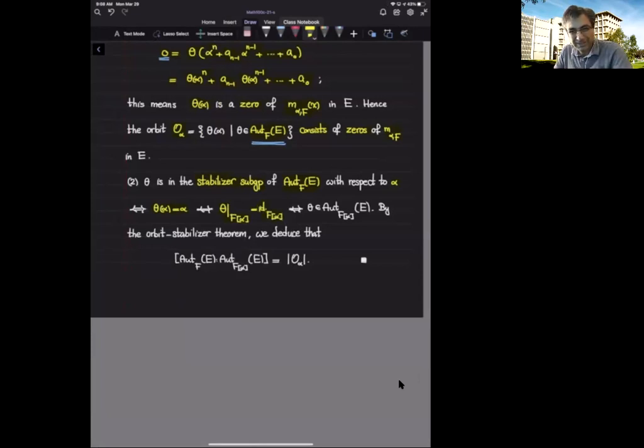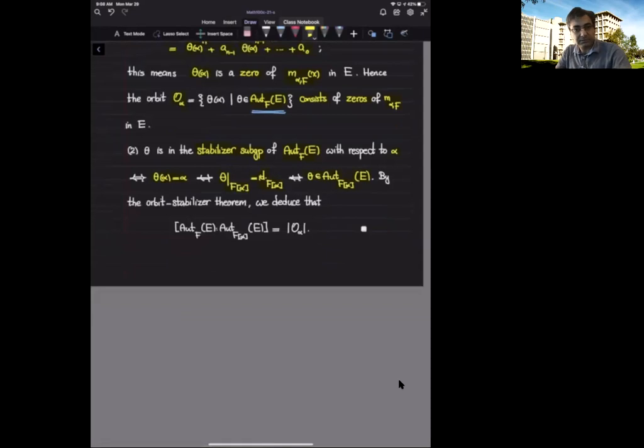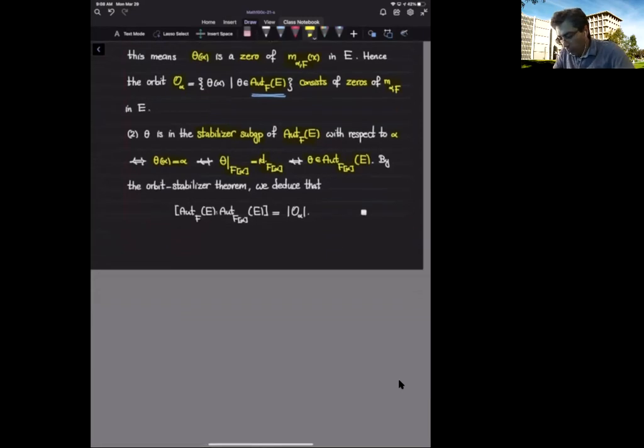That was the definition of being inside the automorphisms of E that are F bracket alpha linear, or F bracket alpha automorphisms of E. So altogether, we get a good understanding of the stabilizer subgroup of this group action with respect to the element alpha. So by the orbit stabilizer theorem, we deduce immediately this result as well.